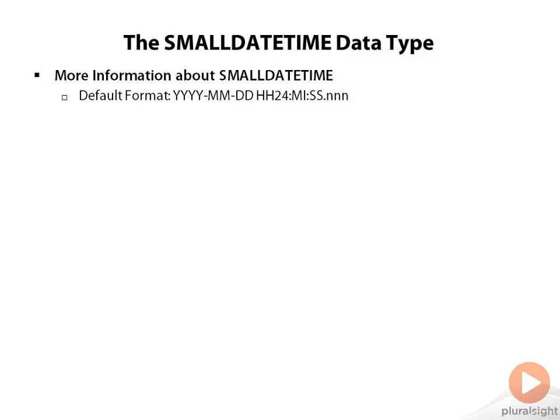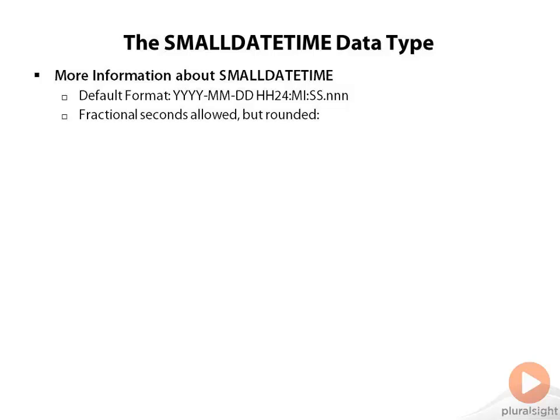Recall that we used 4-digit year, month, and day, as well as a few other formats to describe a date data type. Also, we used hours, minutes, seconds, and so on to describe a time data type. The combination of these two describes the small datetime data type. Up to 3 fractional seconds are allowed, unlike the time data type, which allows for up to 7, but they are rounded.